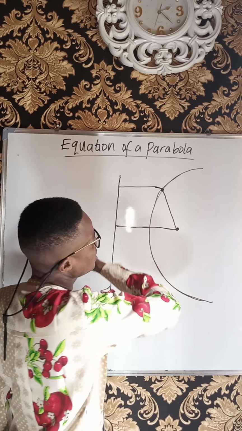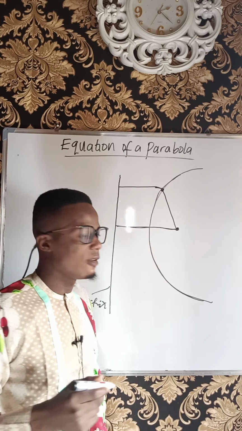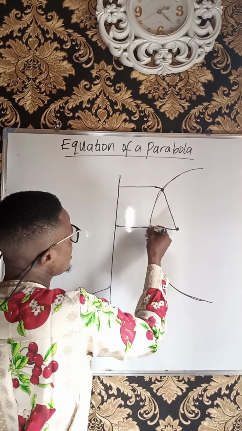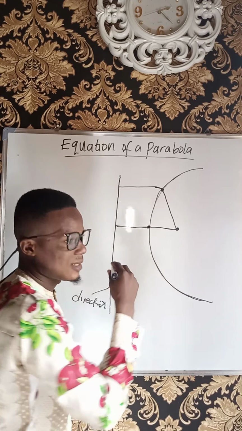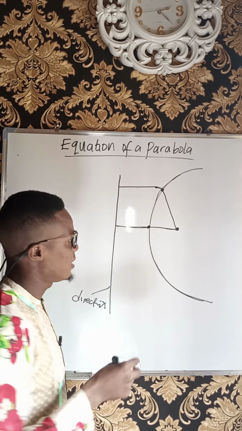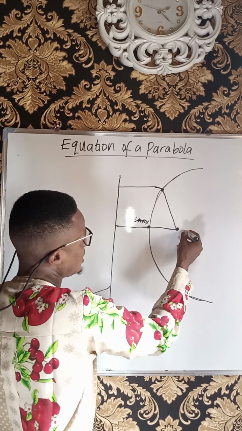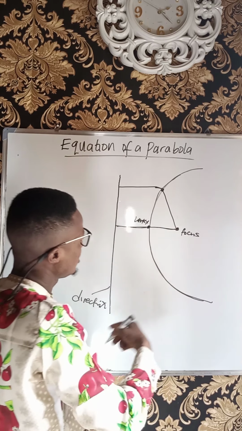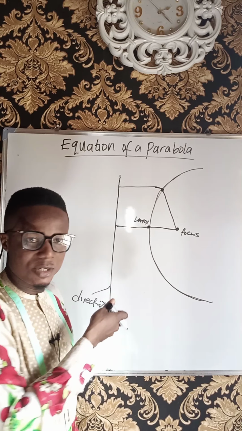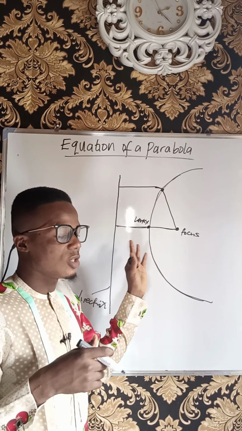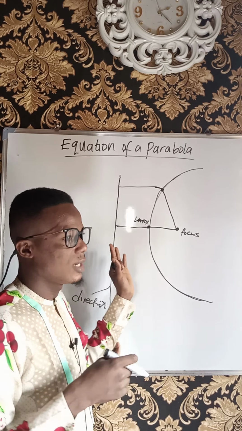They are of equal distance from the definition of a parabola. Now this particular point here is known as the vertex of the parabola. So here is the vertex, while here is the focus. Then this given line is known as the directrix, while this particular line here is known as the axis of symmetry or the axis of the parabola.